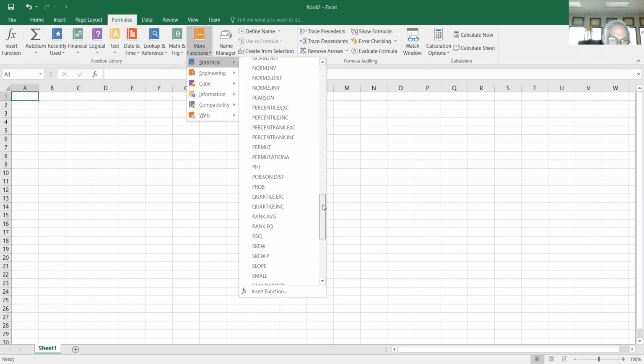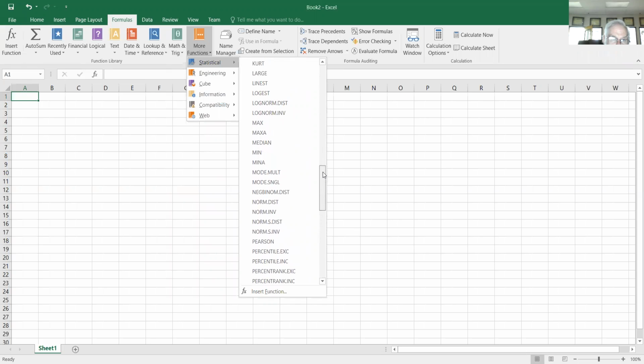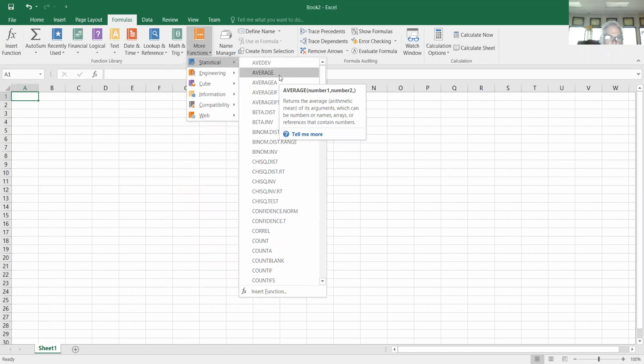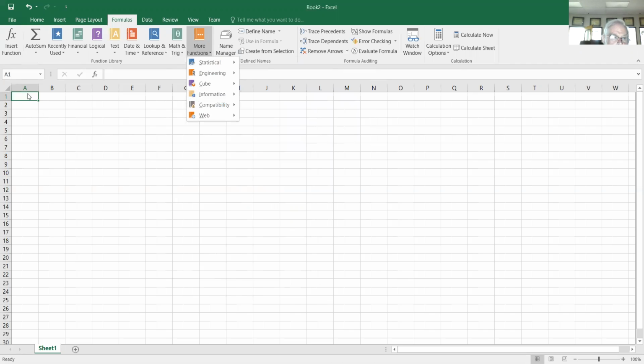Here we have the ability to calculate the median, the average. Average and mean, remember, are the same thing. So let's put in some of the data.